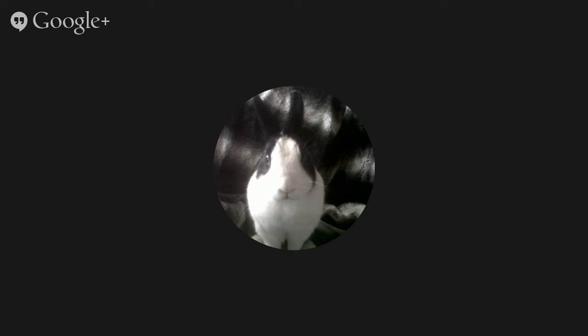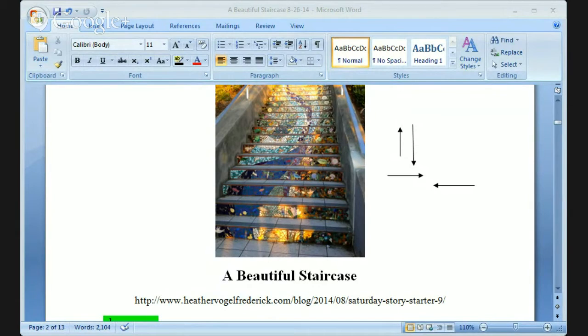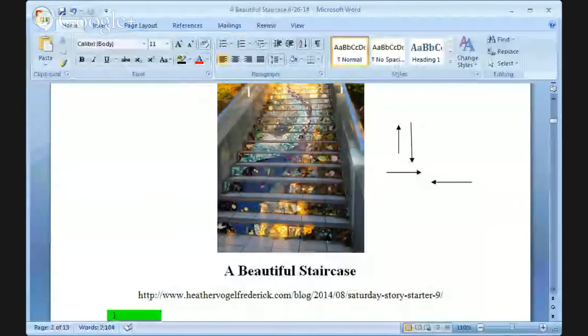But we'll get started. We'll maximize our time together by starting with the story. As you look at the title, A Beautiful Staircase, Alicia, what do you think it might be about? I don't understand what the story is. Okay, but if someone said, let's go look at a beautiful staircase, what do you think they might mean?